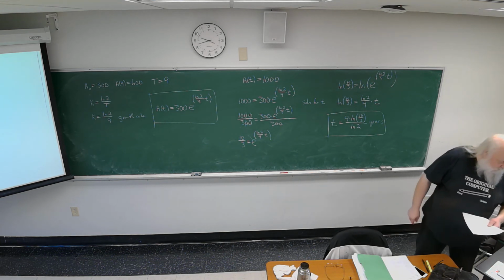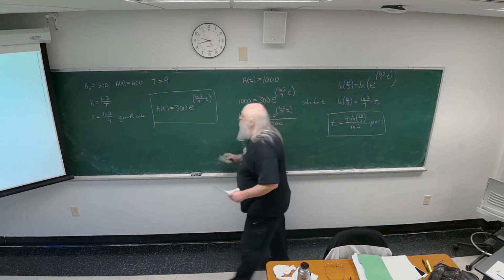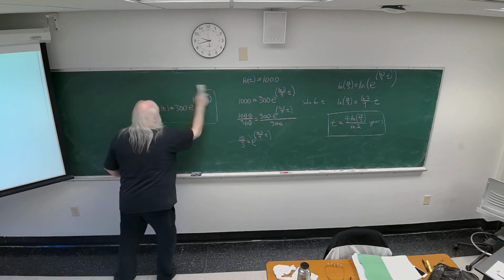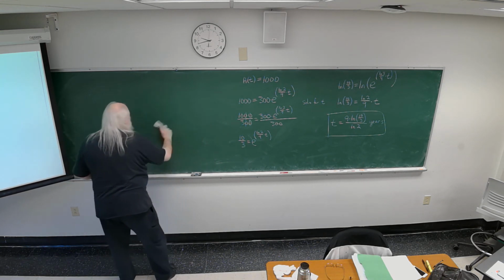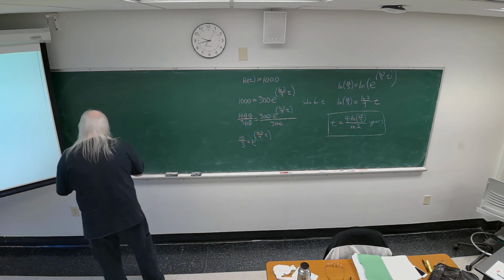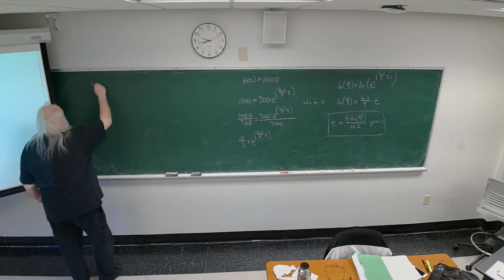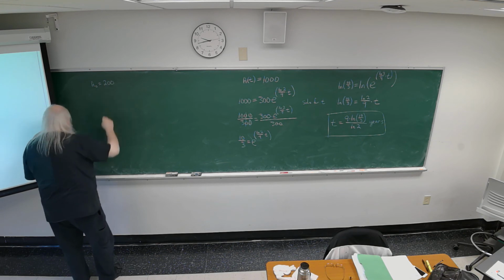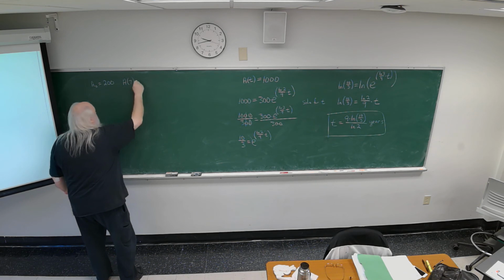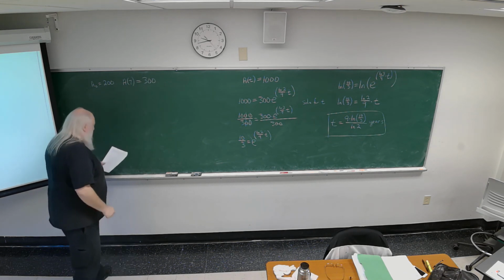Find an exponential model for the amount of bacteria after t hours. So the initial number of bacteria, A sub 0, is equal to 200. And the number of bacteria at t equals 7 is equal to 300. That's what we're given.